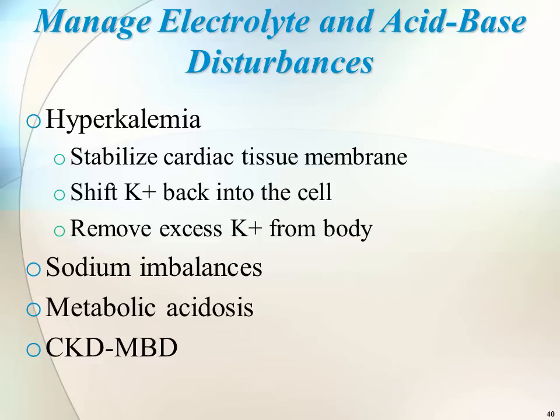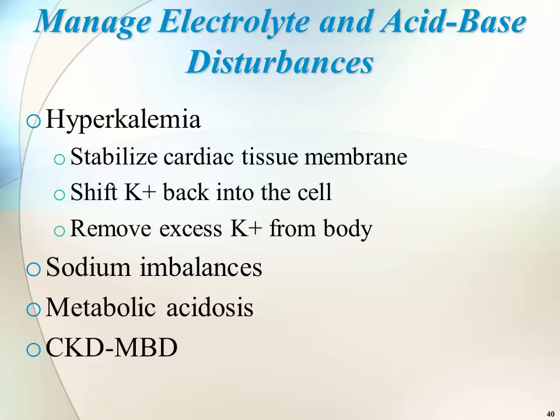We need to stabilize the cardiac tissue. And we stabilize the cardiac tissue, as I talked about before, with calcium gluconate. It antagonizes the effects of potassium on the cardiac muscle. Or another way to say that is it lowers the threshold of excitability. Phase 1, stabilize cardiac tissue.